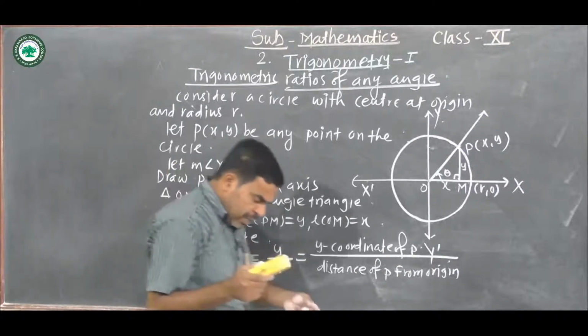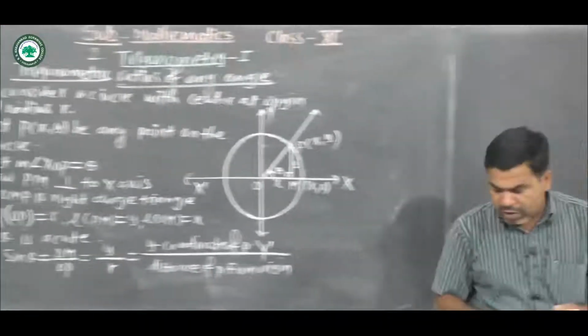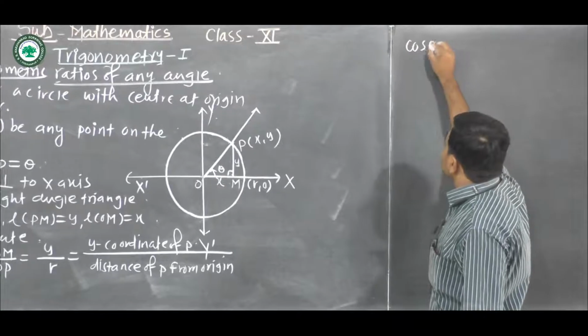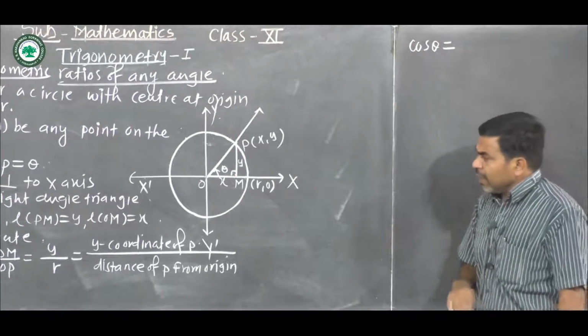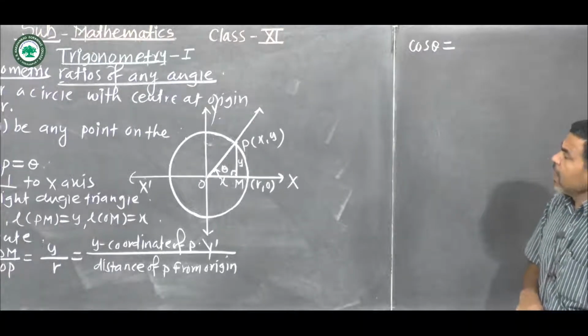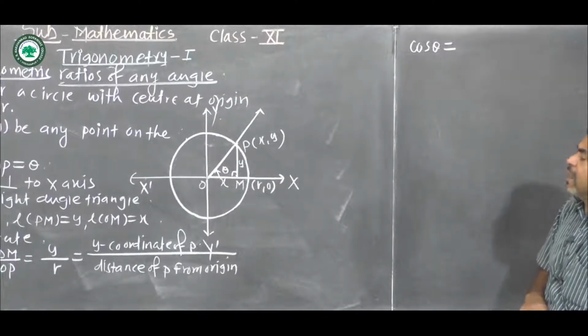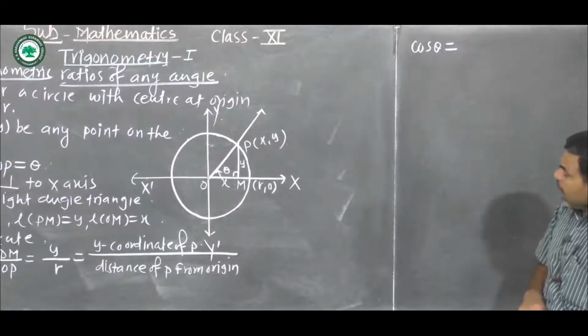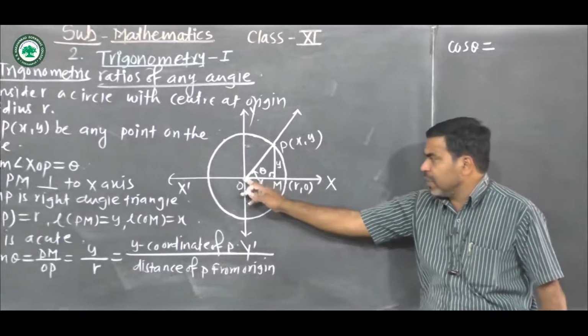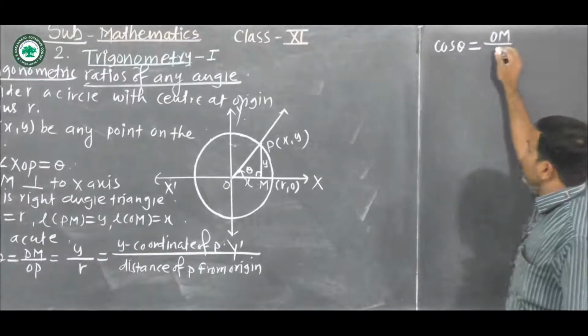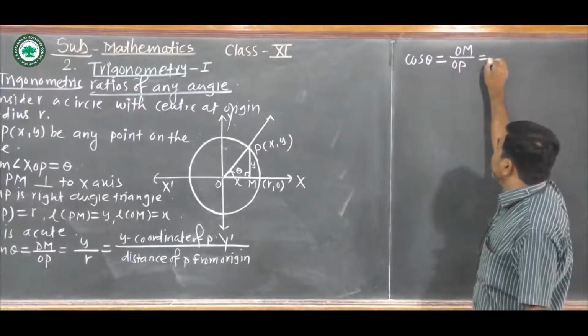Similarly, we define other trigonometric ratios. Cos of theta, the cosine ratio, is adjacent side divided by hypotenuse. Now adjacent side for angle theta is OM, and hypotenuse is OP, so it is equal to OM divided by OP.